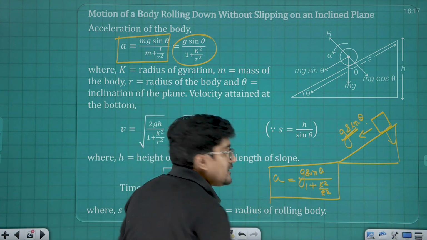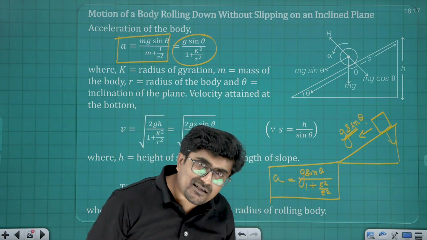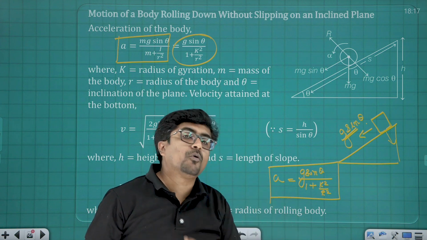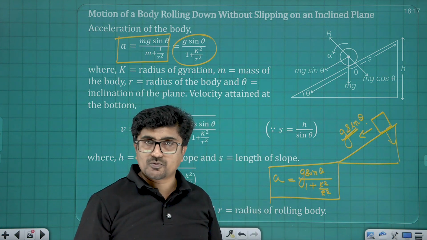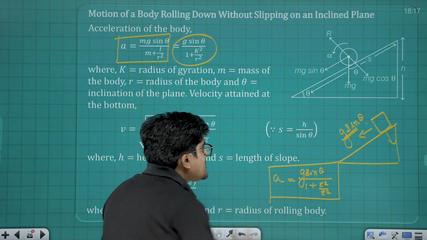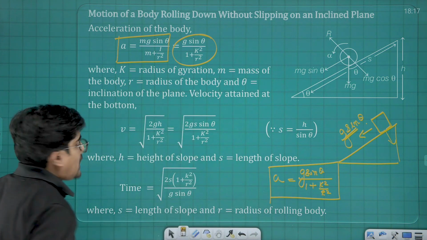This is the only thing that you must understand. There it is g sin theta, and here it is g sin theta upon 1 plus k square upon r square.